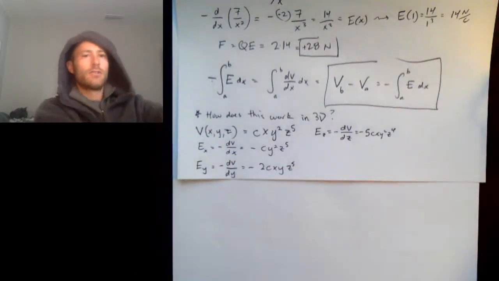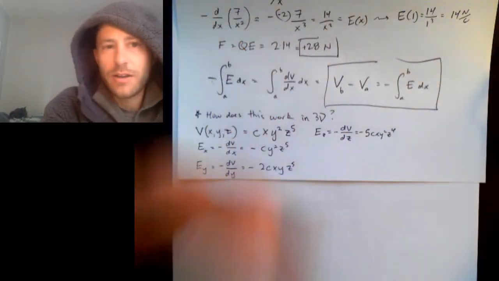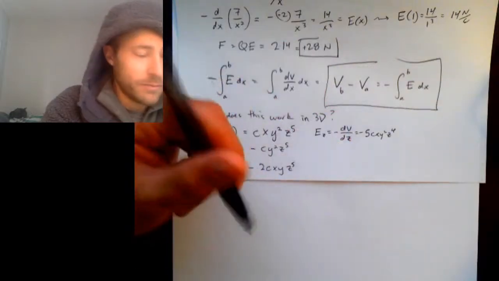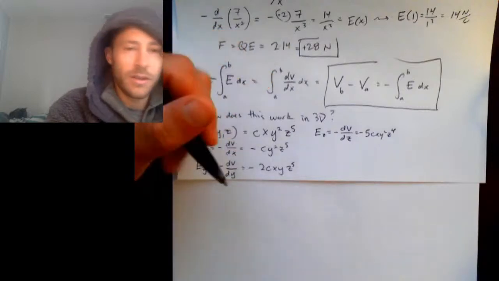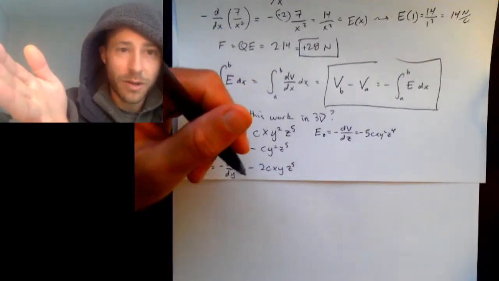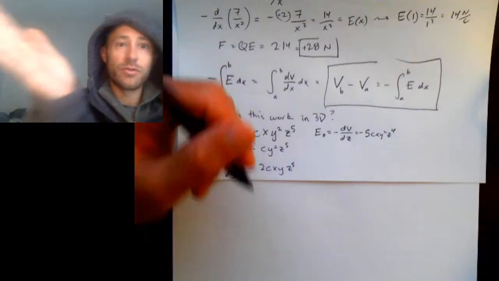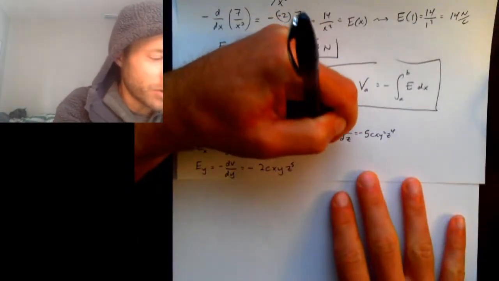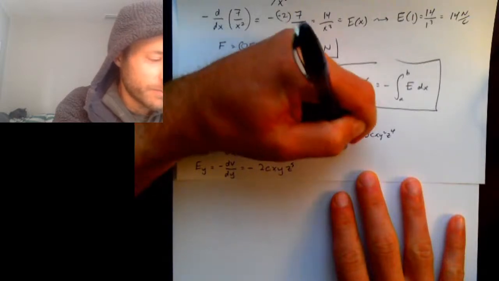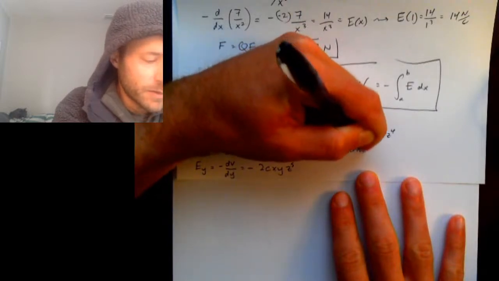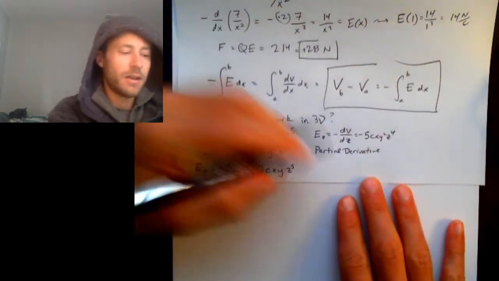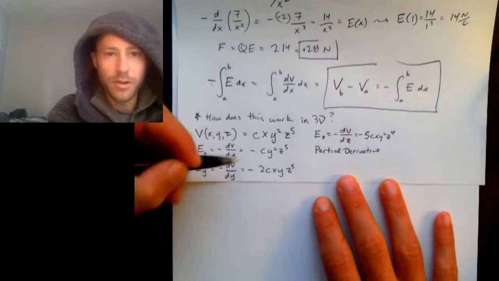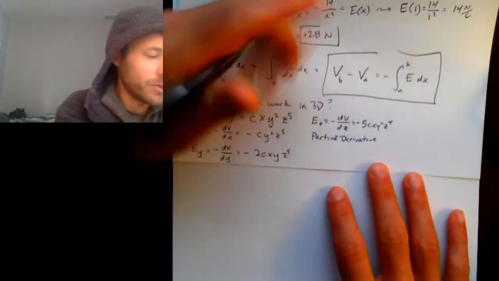Okay, so this kind of operation where we take the derivative with respect to one variable, but we treat the other variables like constants, is what's called a partial derivative. Okay, and it has a special symbol. I didn't use that special symbol here, but I will show you what it is.